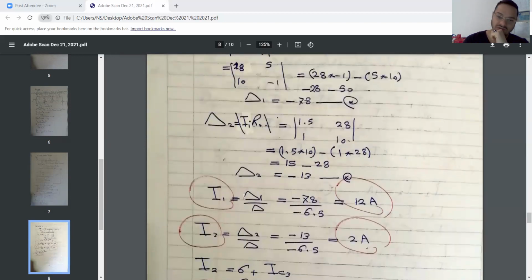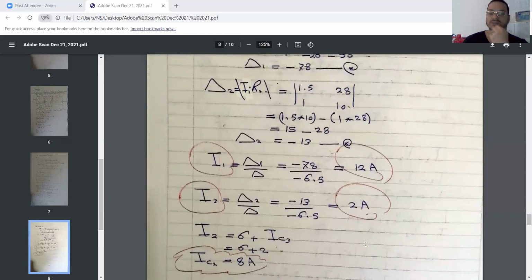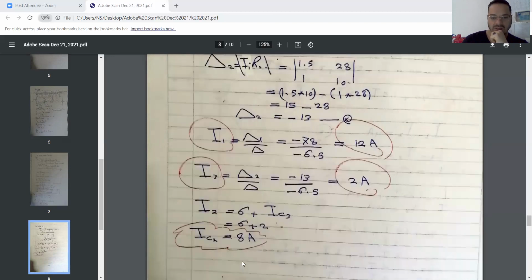Now let's calculate I1 equals delta 1 divided by delta, minus 78 divided by minus 6.5, equals 12 ampere. And delta 2 divided by delta equals 2 ampere, and I2 equals 6 plus I3, the same thing, equals 8 ampere.